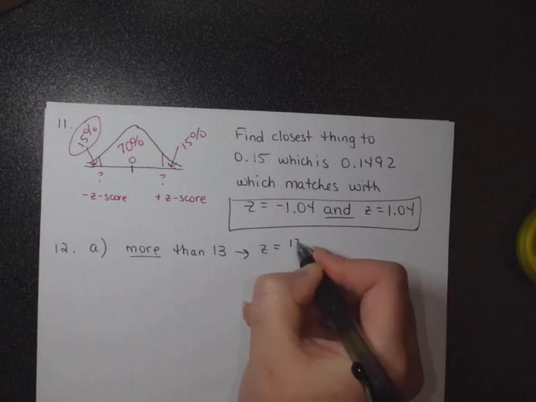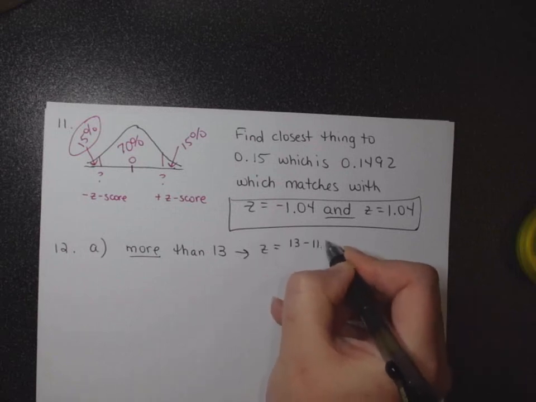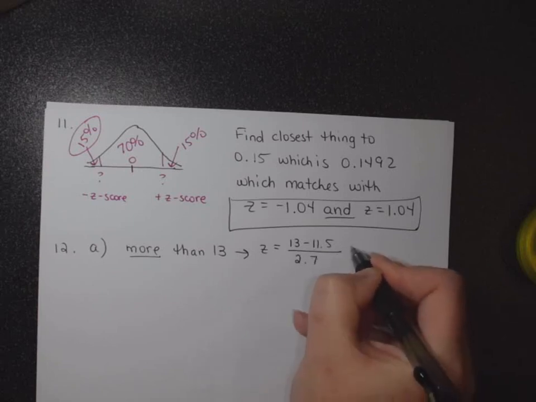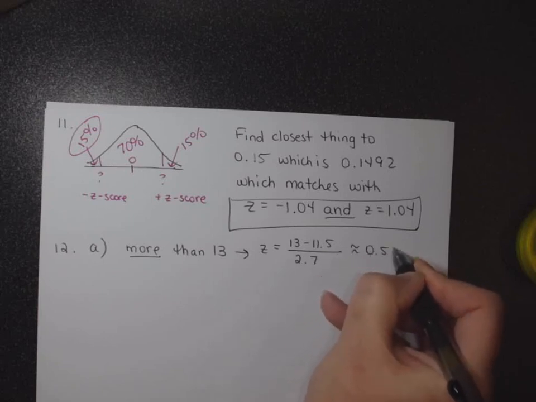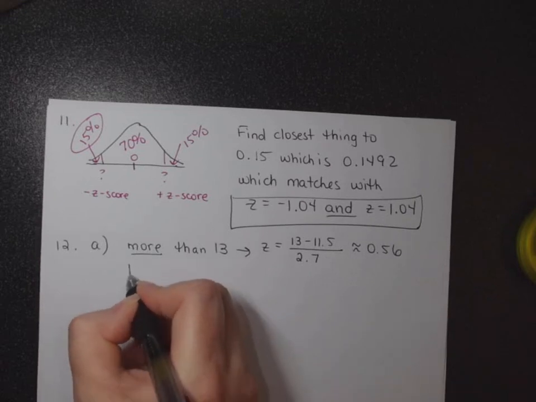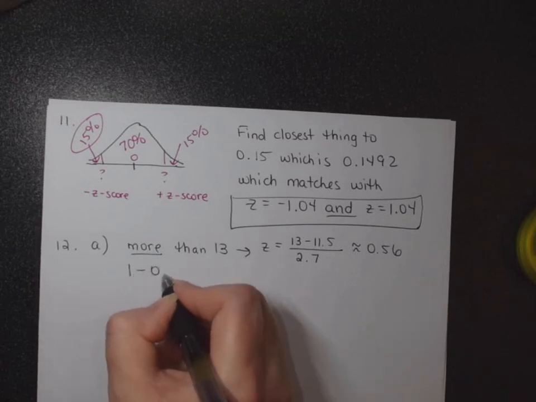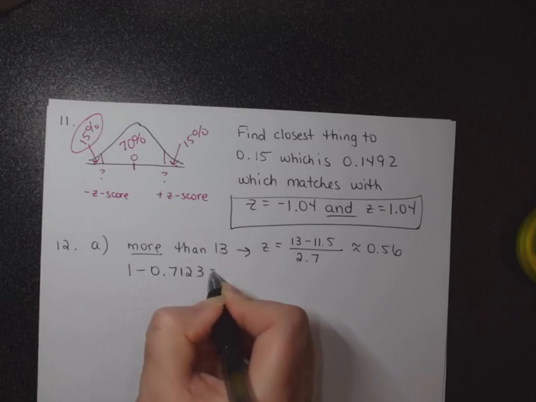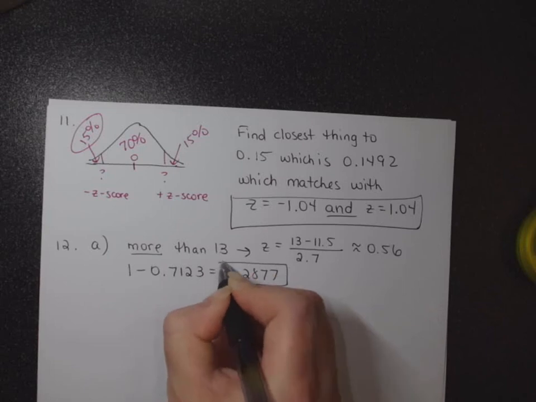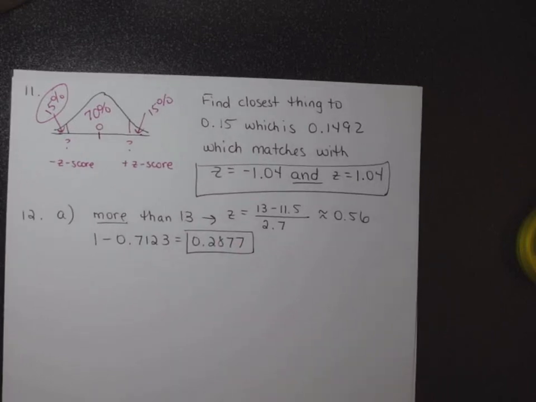Z-score is always value minus mean over standard deviation. So we get a z-score of 0.56, and then because it's more than, we're going to do 1 minus what we read from the chart. So 1 minus what you read from the chart is what we have on the key, which is 0.2877.